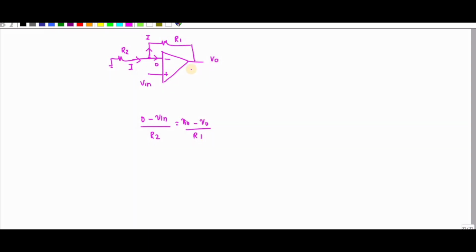Sorry, V1 minus V0, that is V in minus V0 divided by R1. Okay, so I can write V0 by R1 is equal to V in by R1 plus V in by R2. So V0 by V in is equal to 1 divided by R1 plus 1 divided by R2, into R1.